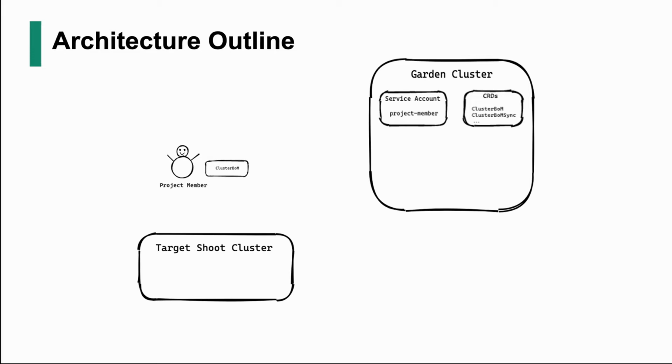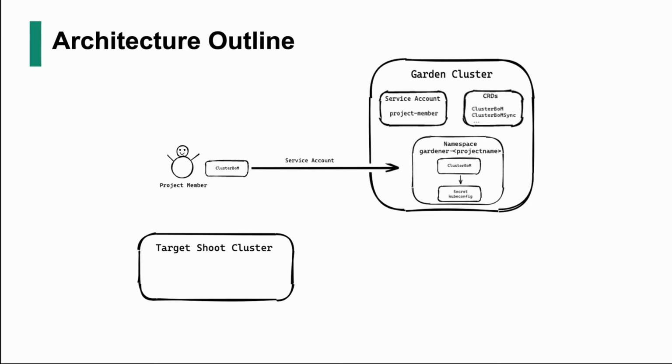Ideally, he would just define a cluster bill of materials, so specifying the list in a declarative way of the deployments that he wants to have in the cluster, and applies that to the garden cluster using the service account in the respective namespace within the garden cluster of his Gardener project. So there you would have the cluster bill of materials, and you will see later on that what you pass to it is the kubeconfig of the cluster that you want to actually deploy to.